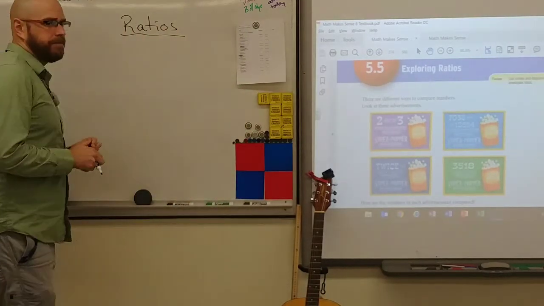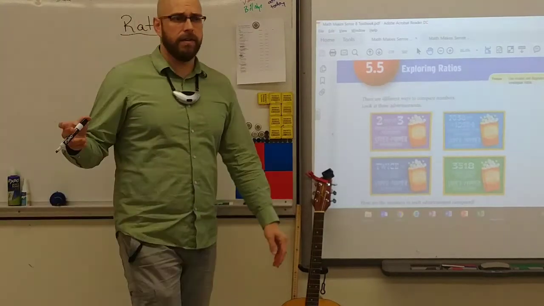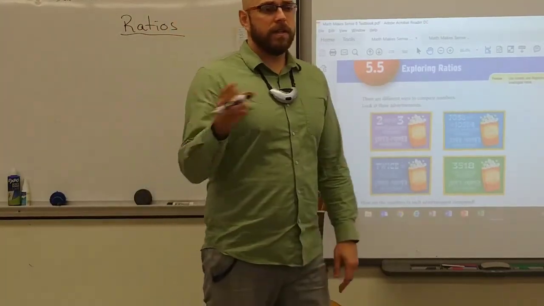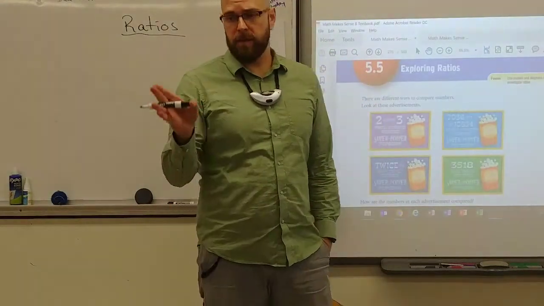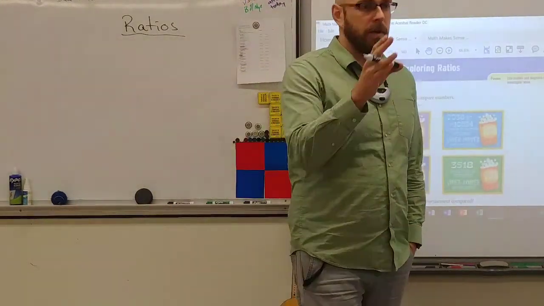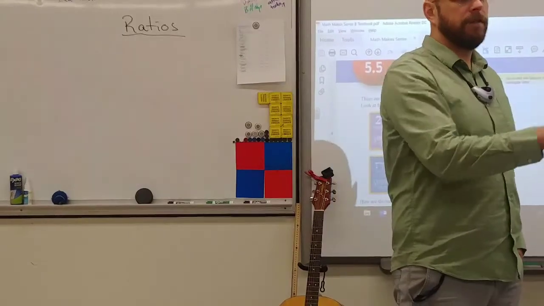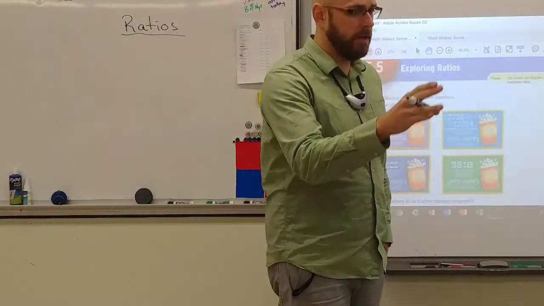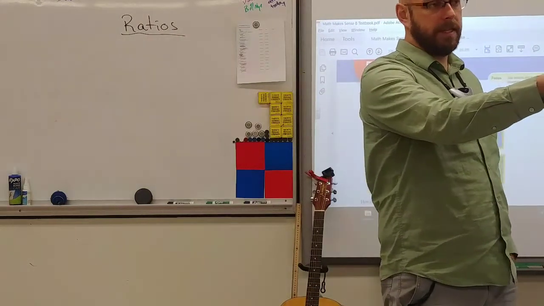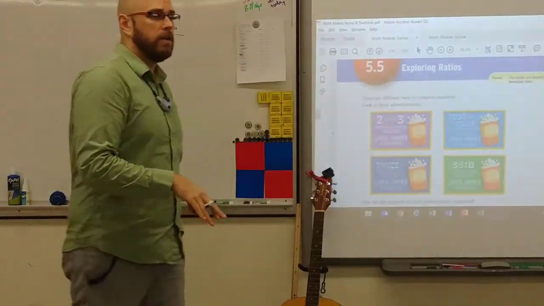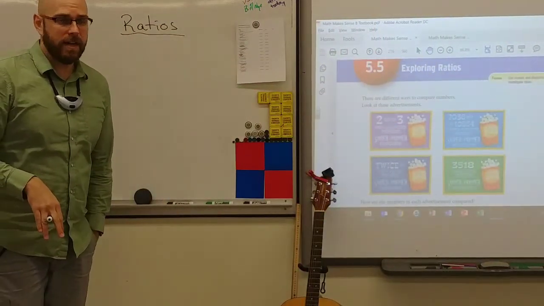So for example, I'm going to look at the ratio of girls to grade 8s. So let's see, we've got 1, 2, 3, 4, 5 grade 8 girls. We've got 1, 2, 3, 4 grade 8 boys in this lesson right now. So we have a total of 9 grade 8s.